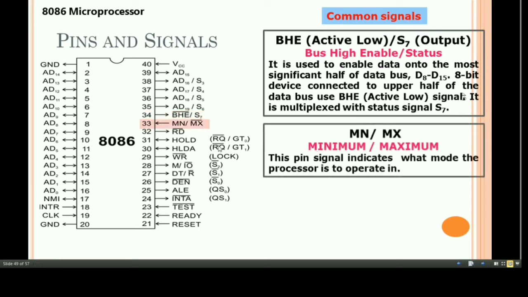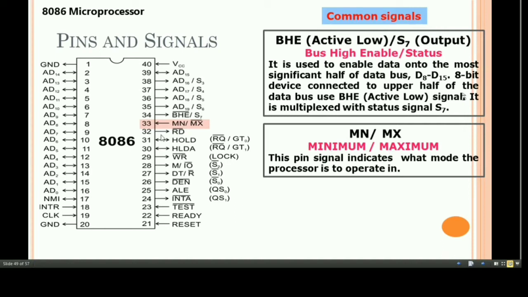Next is the min max pin. It is pin number 33. It is also called the minimum and maximum bar pin. This pin is an input pin to 8086, and this pin indicates whether the processor is working in minimum mode or in maximum mode.